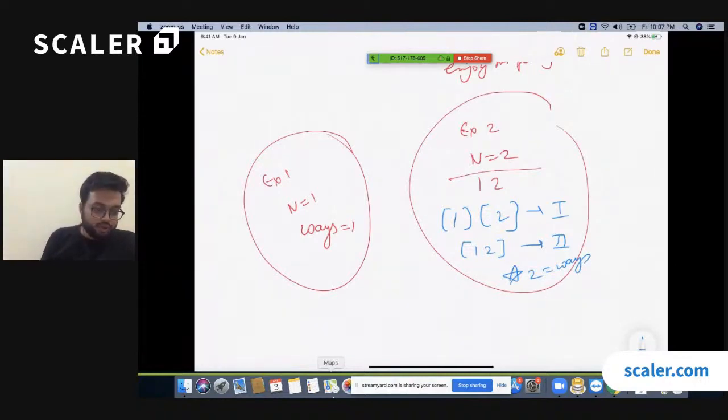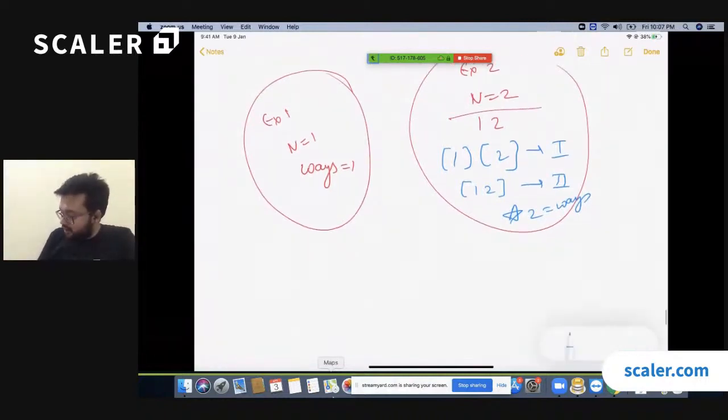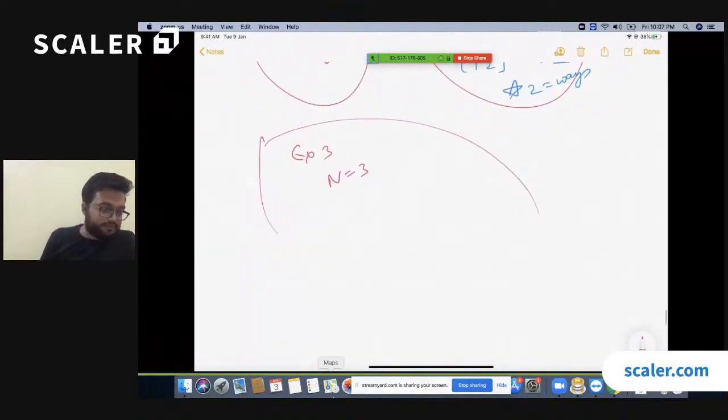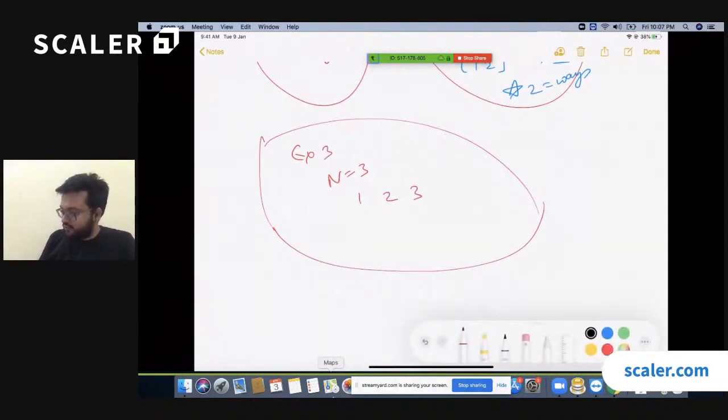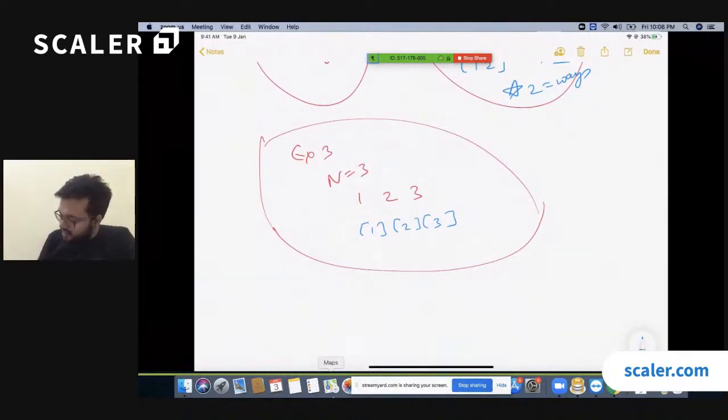Okay, cool. Now let's take another example: what happens if there are 3 people in the party? If N is equal to 3, how many ways do you see the 3 people enjoying the party? Okay, cool. So 1, 2, and 3. Let's formulate them. Either all 3 of them can enjoy the party alone. The second option is that persons 1 and 2 are enjoying the party together, and person 3 is enjoying the party alone.